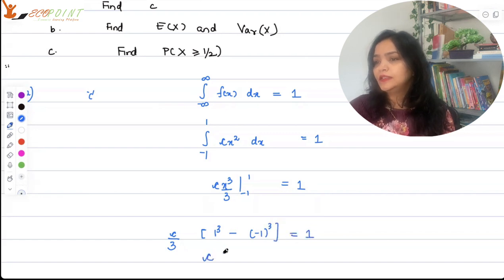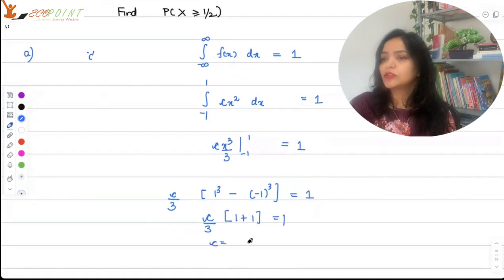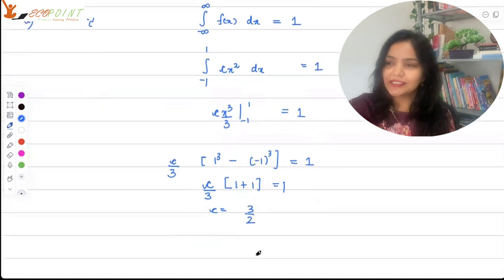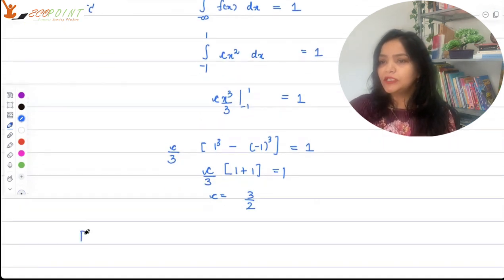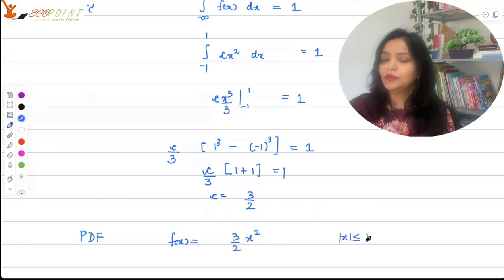So therefore c by 3, and here you will get 1 plus 1 should be equal to 1, which means that c should turn out to be 3 upon 2. So that should be your C. That means your PDF actually is fx is equal to 3 by 2 x squared, where mod x is less than or equal to 1.